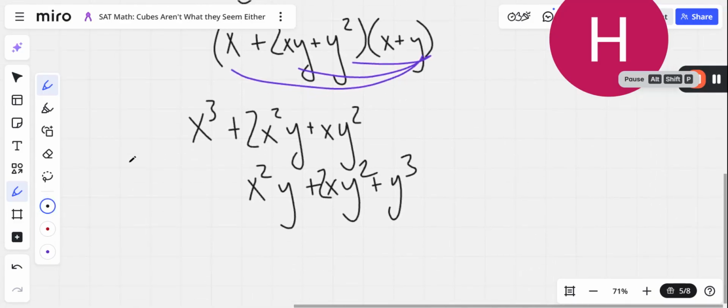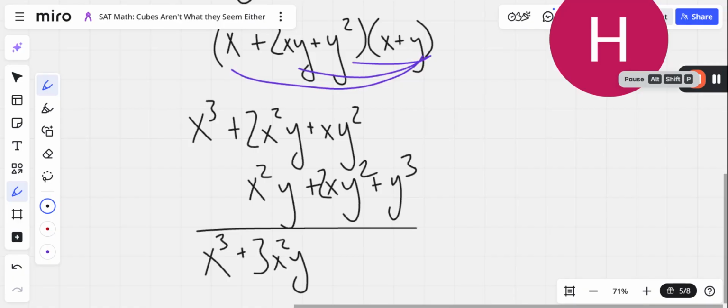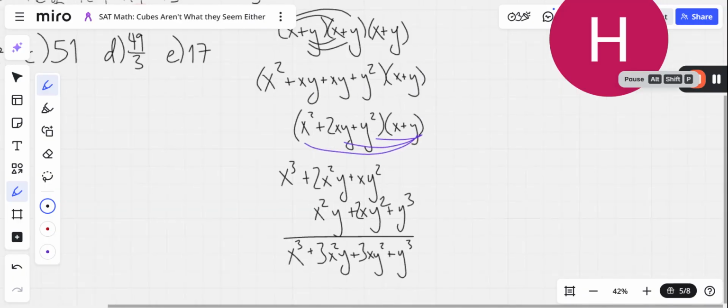And if we do it in this way, we'll notice that we get some common terms to add together. So we have 3x squared y plus 3xy squared, interesting, plus y cubed.